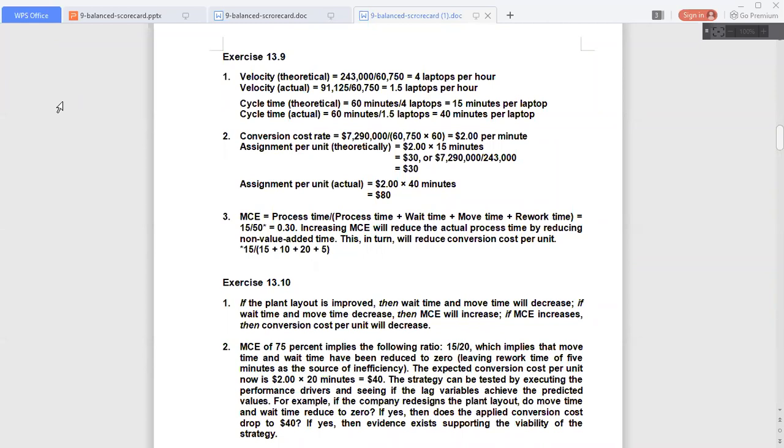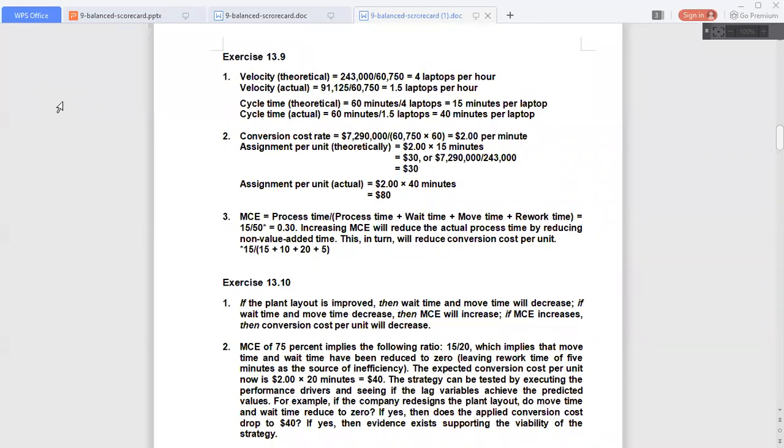Question number 2, compute the ideal and actual amounts of conversion cost assigned per laptop. So we have now the conversion cost rate, 7,290,000. That's conversion cost per quarter.